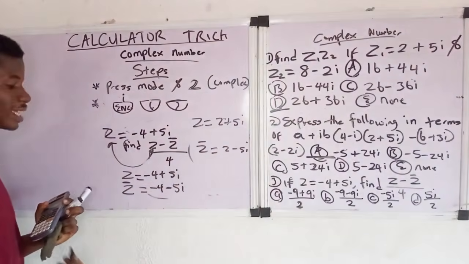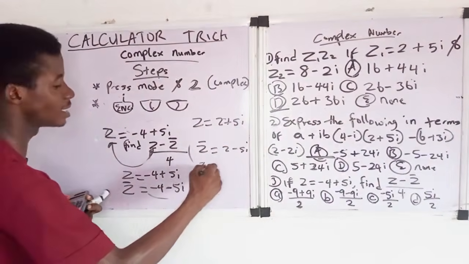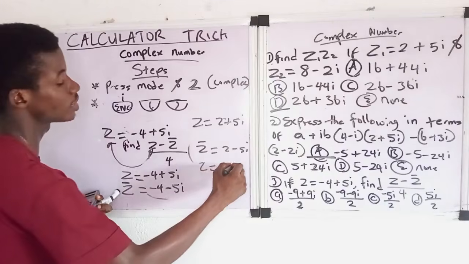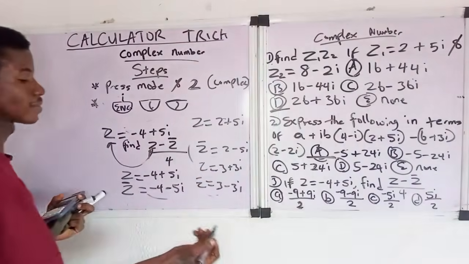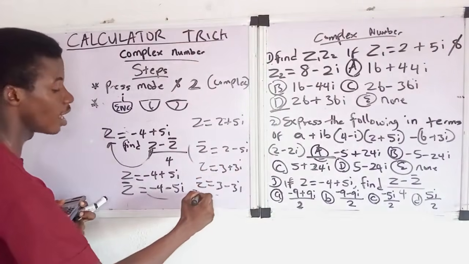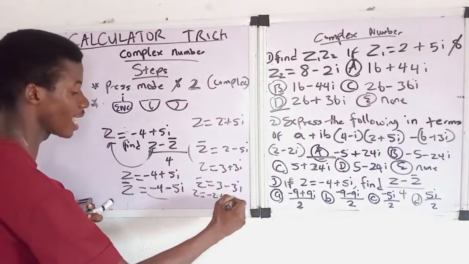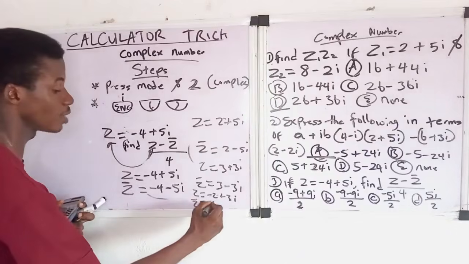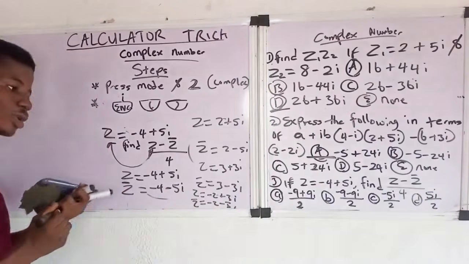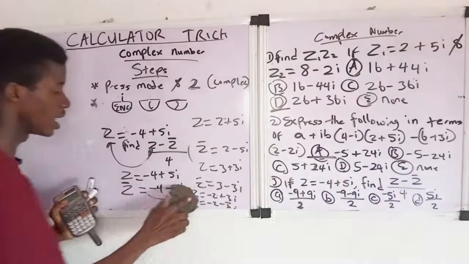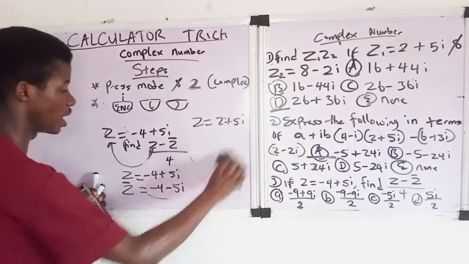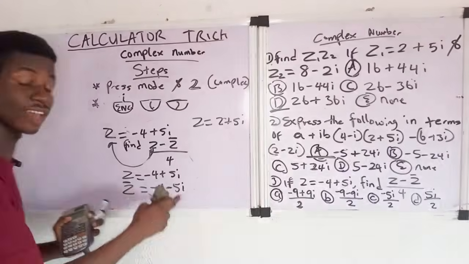If z is 3 plus 3i, the conjugate form will be 3 minus 3i. If z is minus 2 plus 3i, the conjugate form will be minus 2 minus 3i. So that tells you that the conjugate form of z is minus 4 minus 5i, right?